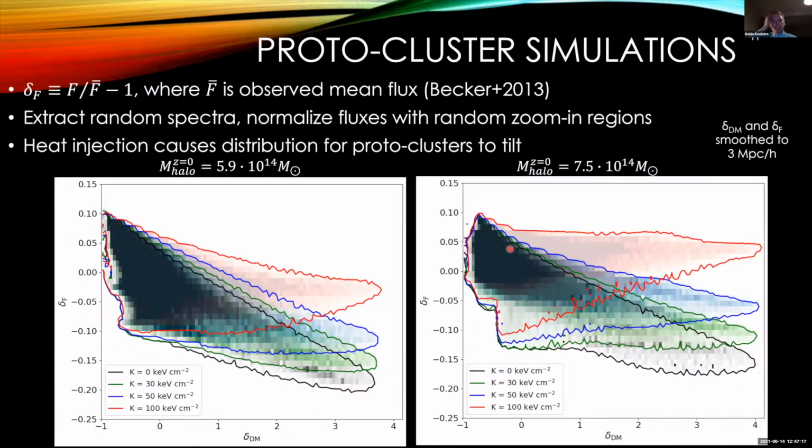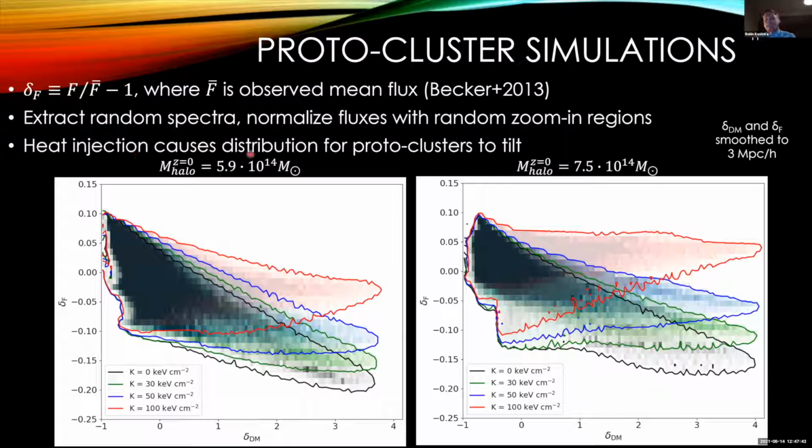So this is the main result of our simulations. We're looking into the flux over density versus dark matter density. And flux over density in this case is defined as the flux divided by the mean flux, minus 1, where the mean flux is the observed mean flux, which in this case we chose the observed values by Becker.